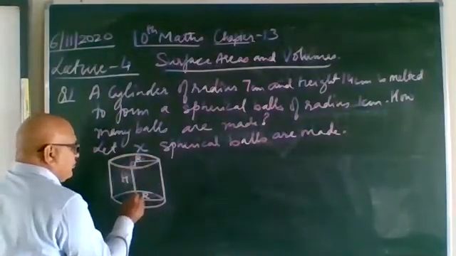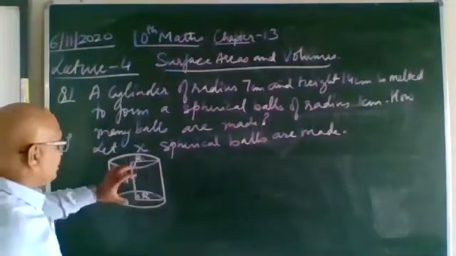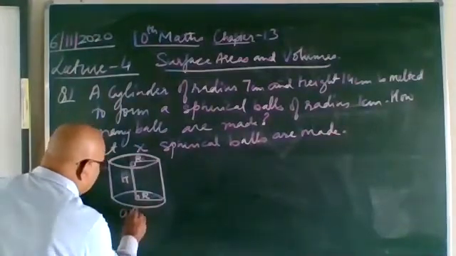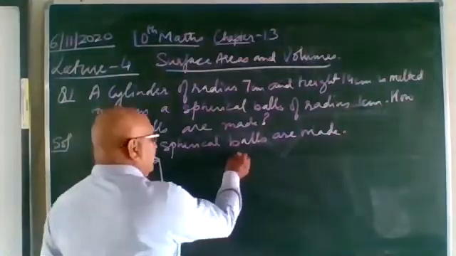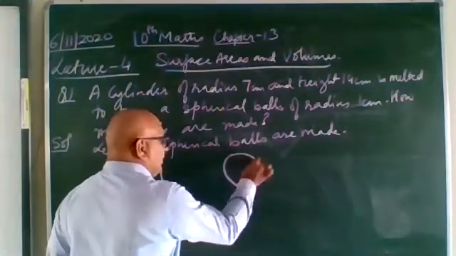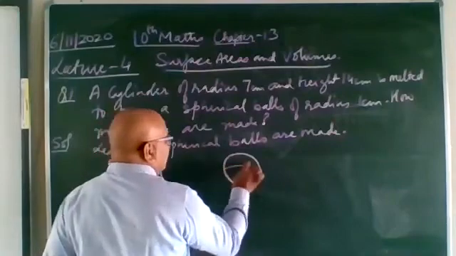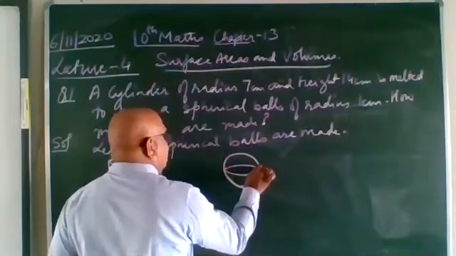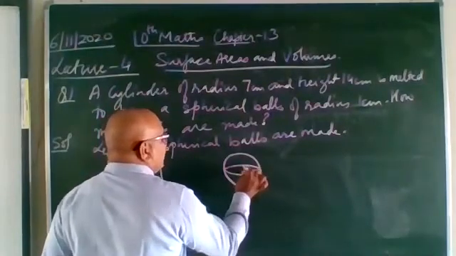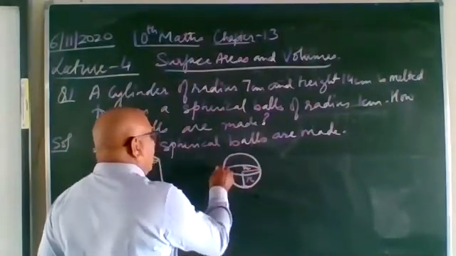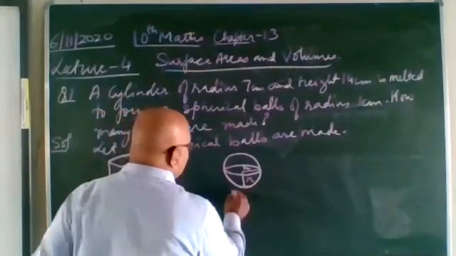So this is the cylinder. Now this is melted to form spherical balls. So a spherical ball you can make small, and the radius is r. This is r. So how many balls?